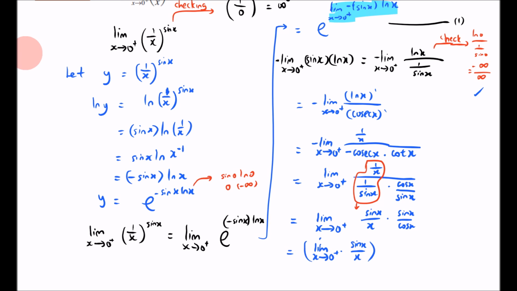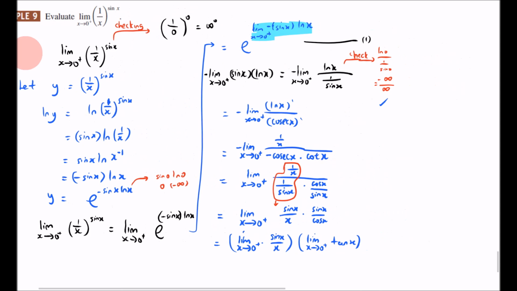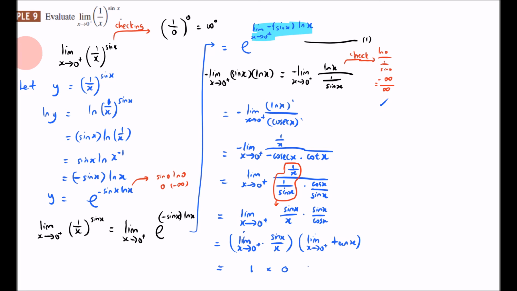Now this is tangent, right? So don't forget sine over cosine is tangent. So this one is 1, right? From our previous chapter. So times 0, so it'll be 0.